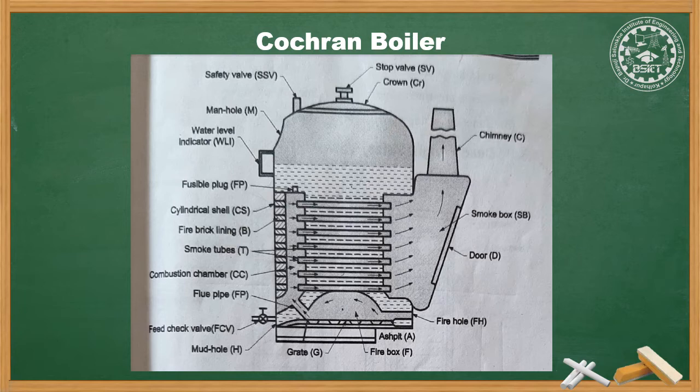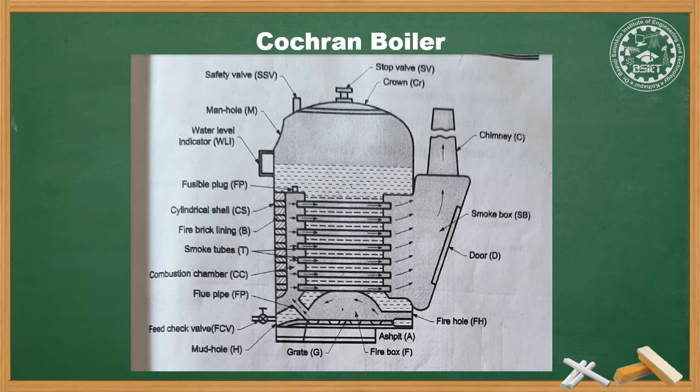That is, the fuel is burned inside the firebox, which is of hemispherical space. The flue gases from the furnace pass through the tubes. These flue gases or hot gases pass through the tubes and then escape to the atmosphere through the chimney.